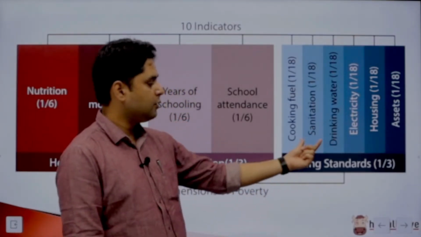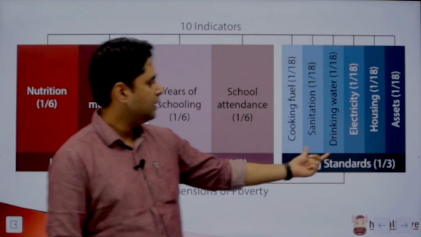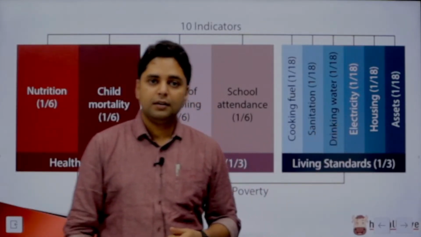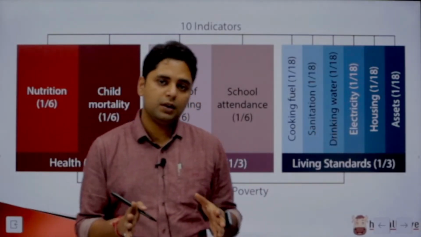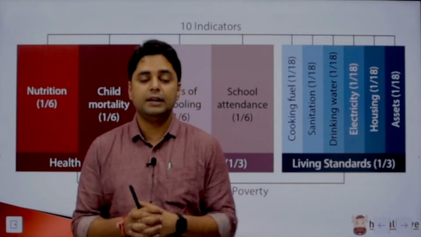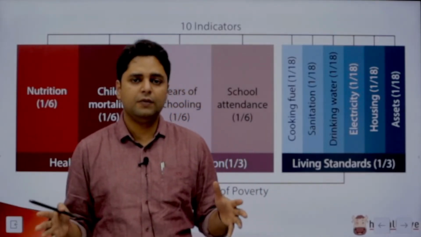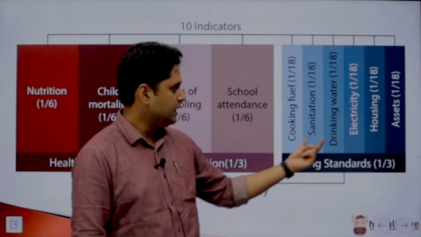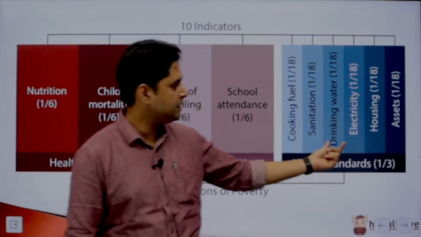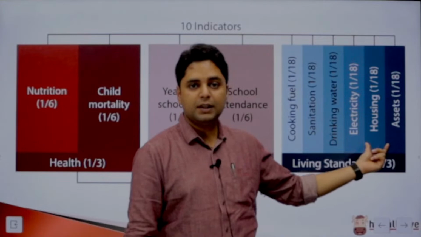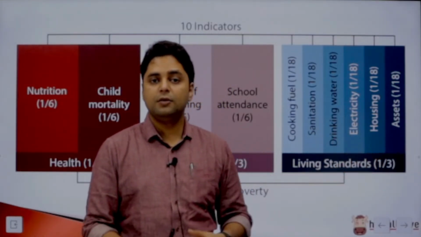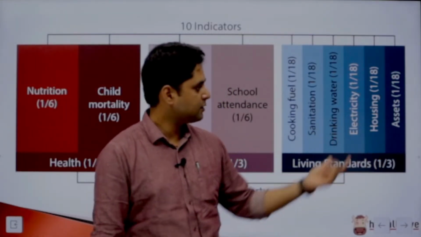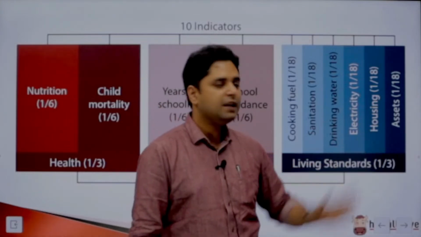Is it there or is it not? Drinking water. Then electricity. There are so many areas in the world that even now do not have an electricity connection. So many villages in remote areas. So is electricity available or not is another criteria. Housing. Without housing, poverty amplifies itself. So housing is an important criteria. And finally, assets.